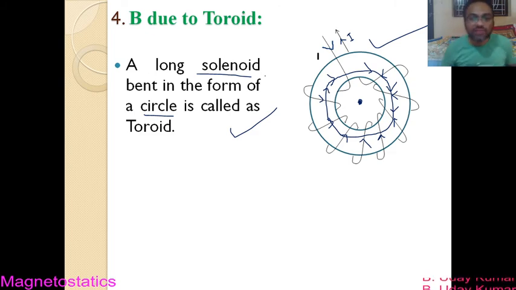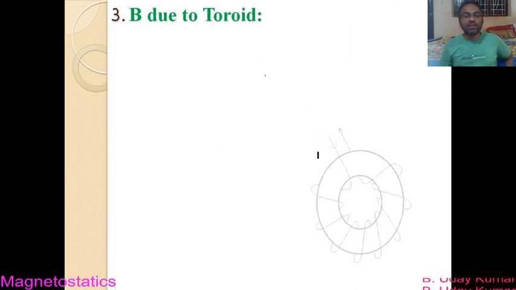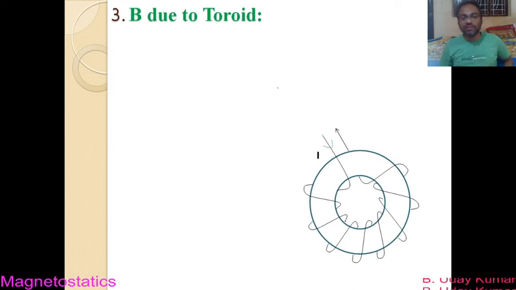Anyway, now let us try to derive the expression for the magnetic field due to this toroid. The derivation is very simple. Let us assume that this is the toroid due to which I want to find the magnetic field induction. Let us assume that current I is entering this toroid and automatically the same amount of current will be coming out of this toroid.